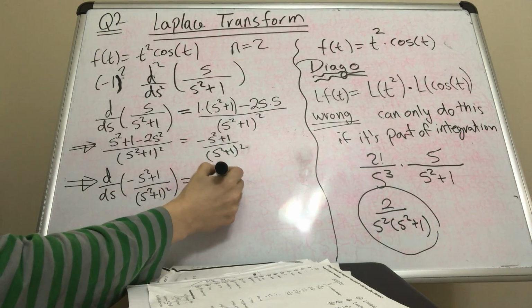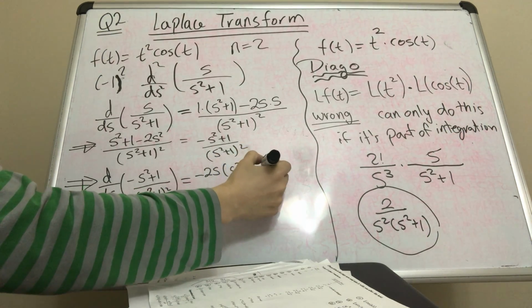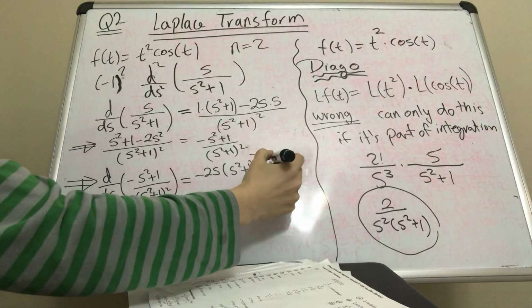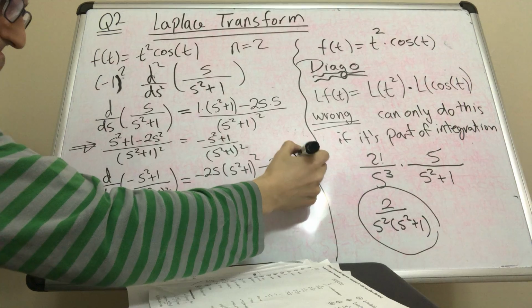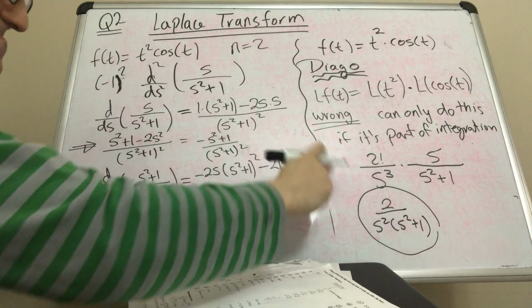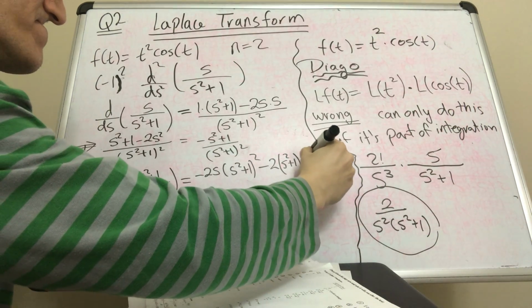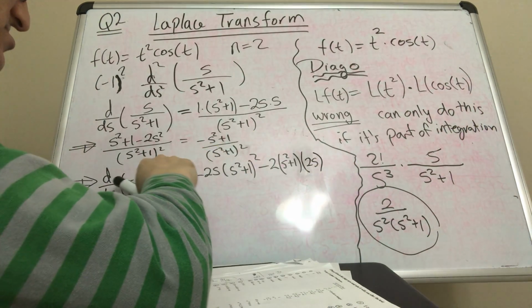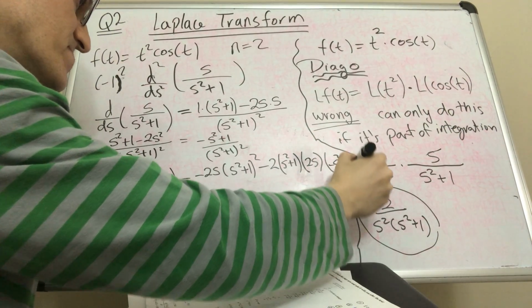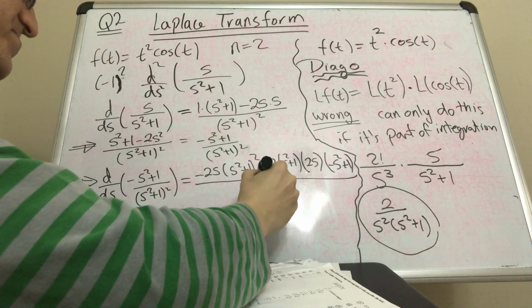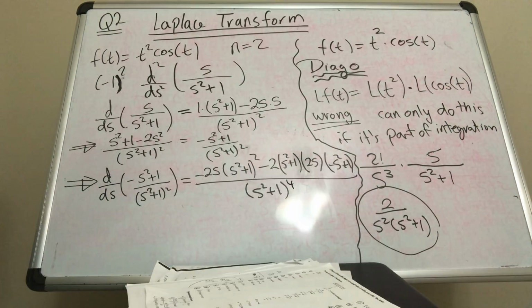Derivative of the first one times the second function, plus derivative of the second function times first, over the second function squared, so it becomes 4.